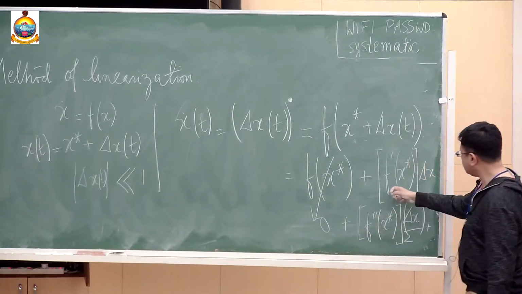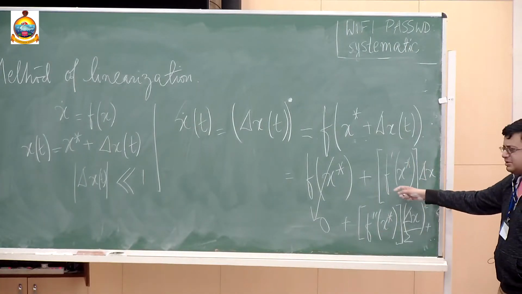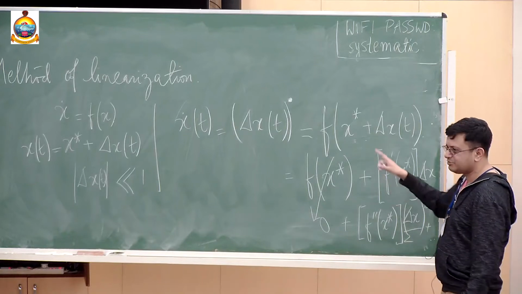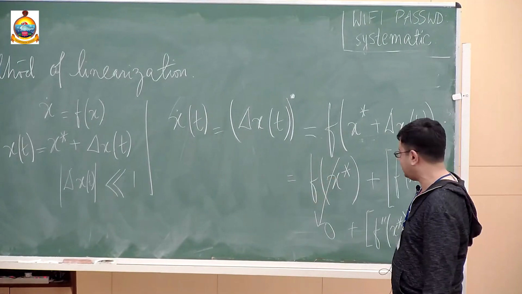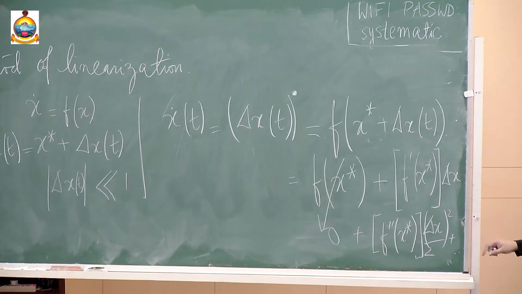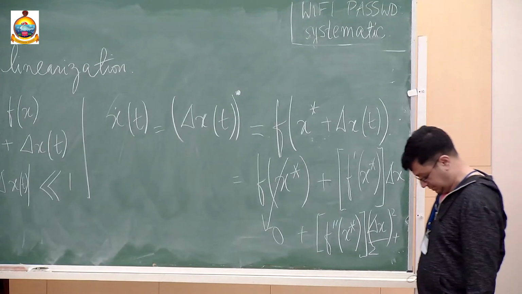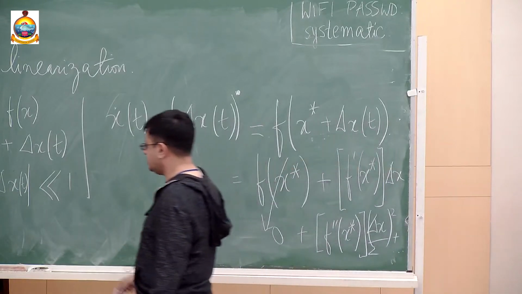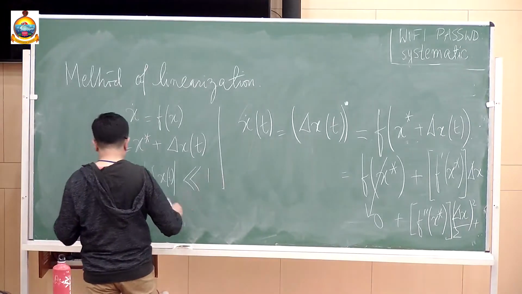So remember, this is just a number, this is not a function. You take the derivative of f of x and evaluate it at x star. So this is just a number, this is not a variable, and so are all the other Taylor coefficients.